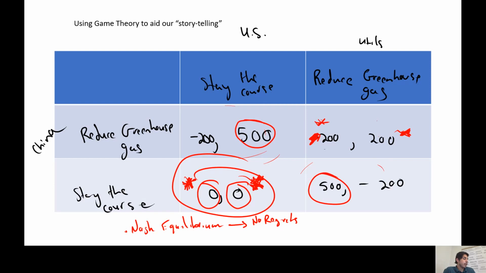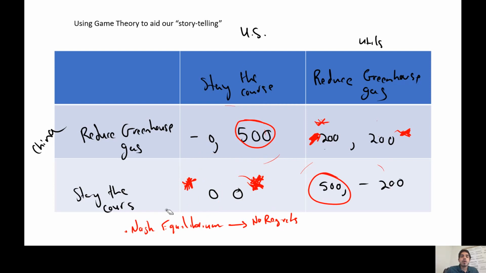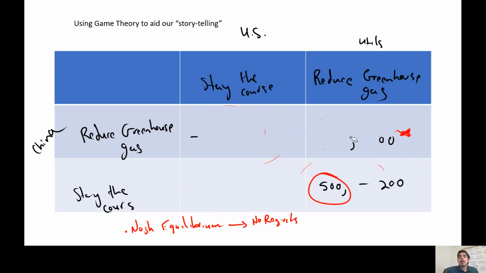Kind of tangential to this story, we could also think about oligopolistic markets, right? OPEC specifically, the Organization of Petroleum Exporting Countries, right, which is a type of cartel.